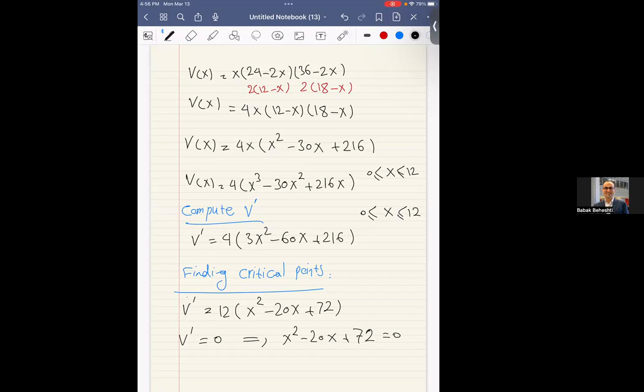Give me 2 values for x. I know this has to be 10, because 20 over 2 is 10, plus 2 times the square root of 7. And the other root is x equal to 10 minus 2 times the square root of 7.